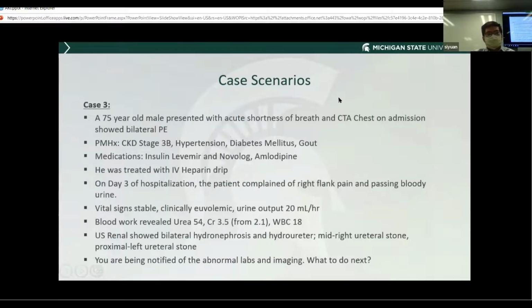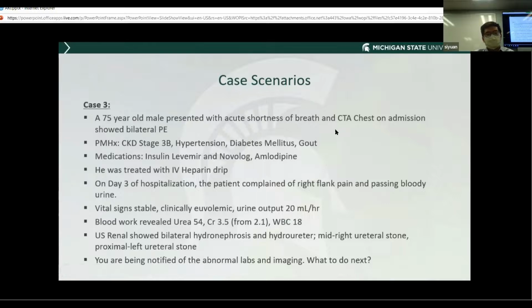This is a 75-year-old male who presented with acute shortness of breath, and on admission he was found to have bilateral PE on a CTA chest. He has a background history of CKD stage 3B, hypertension, diabetes, and gout, and he's using insulin and amlodipine for his high blood pressure.